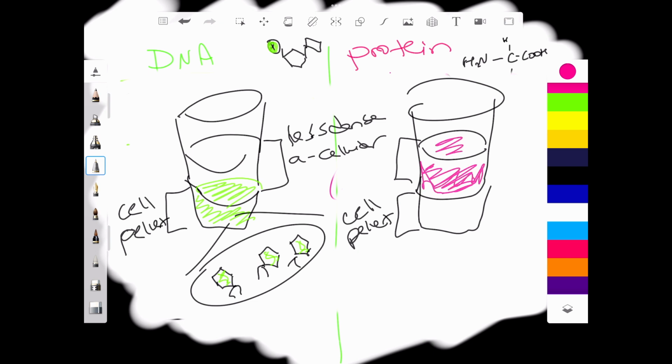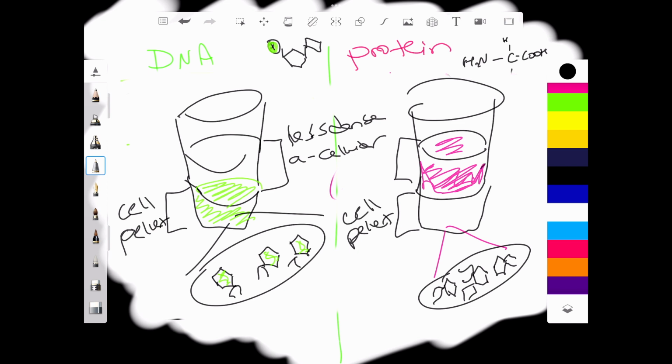They saw the radioactivity in the layer above that, meaning that the proteins did not enter into the cell. They remained outside of the cell. So the proteins, therefore, were not used as information to make new viruses. We still were able to make new viruses because the DNA was injected into the cell. It's just that in this experiment on the right, the DNA wasn't labeled with radioactive atoms.